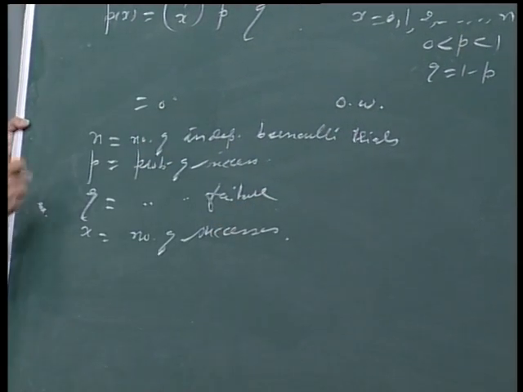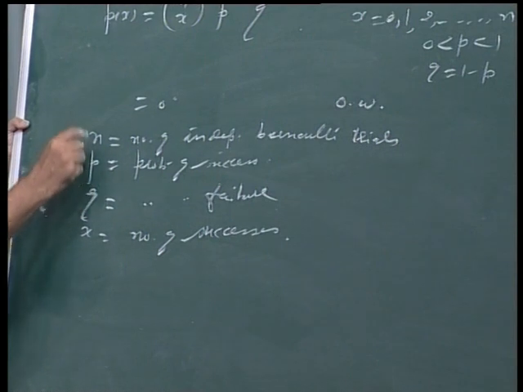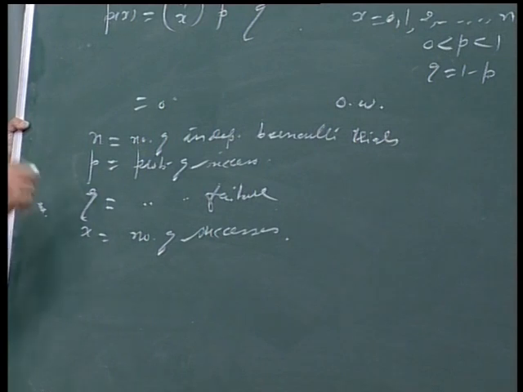Here n and p are called parameters of this distribution. Once we know the values of n and p, we can find the probability of any number of successes.